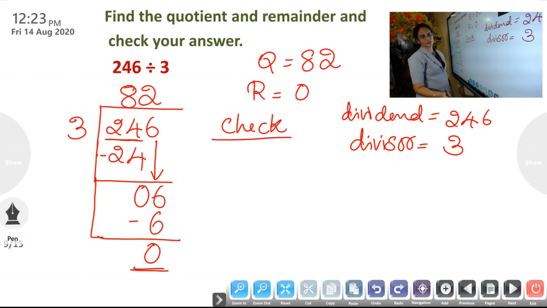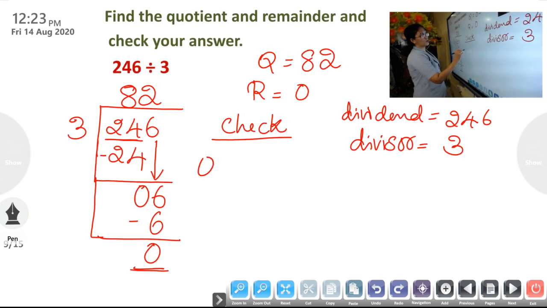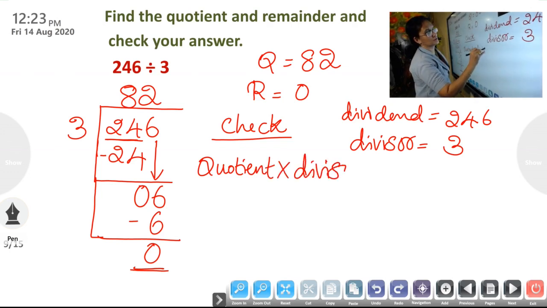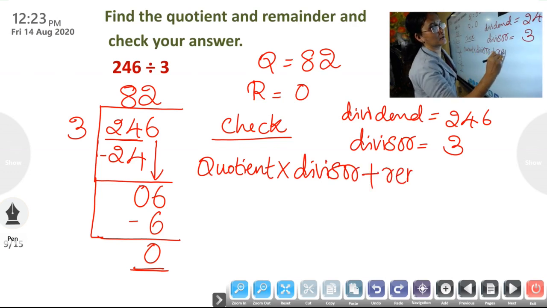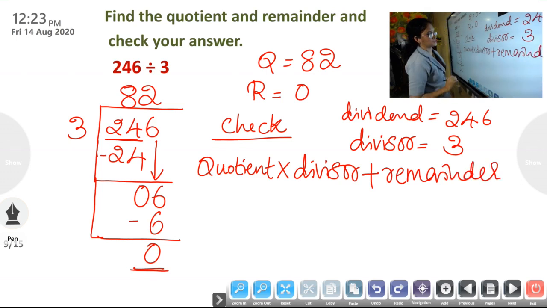What is the relation for checking? You remember? Quotient into divisor plus remainder should be equal to the dividend. Now let us do this one.